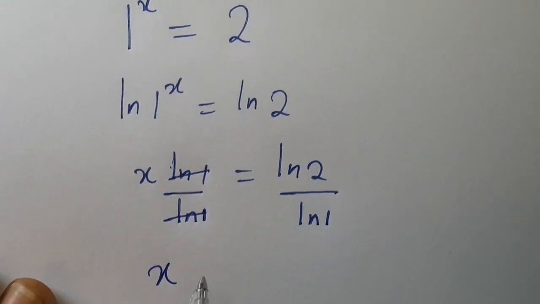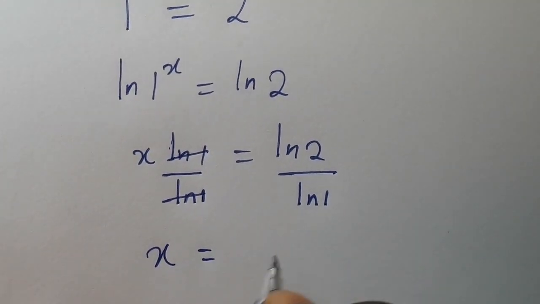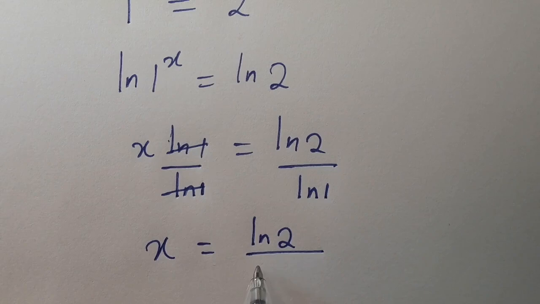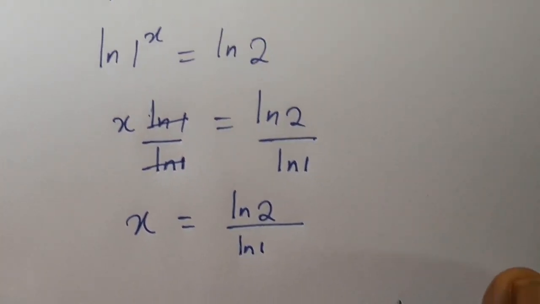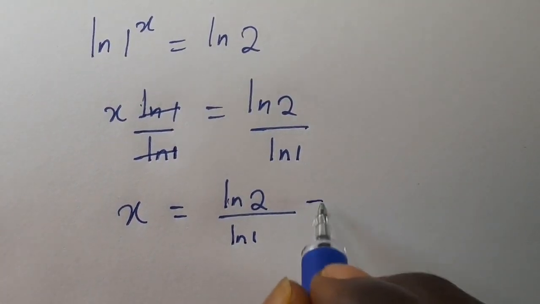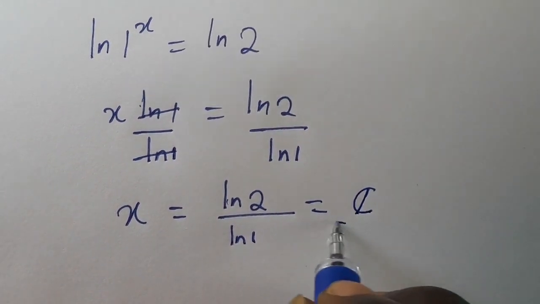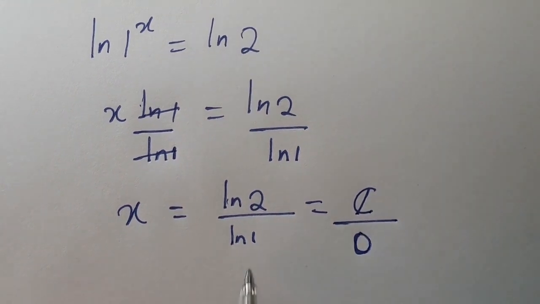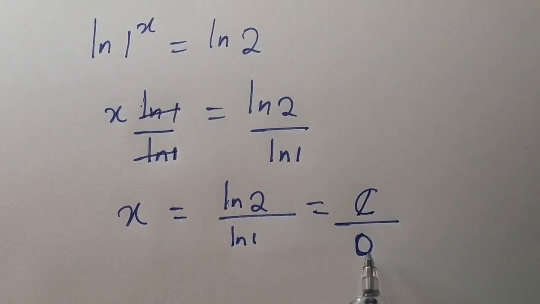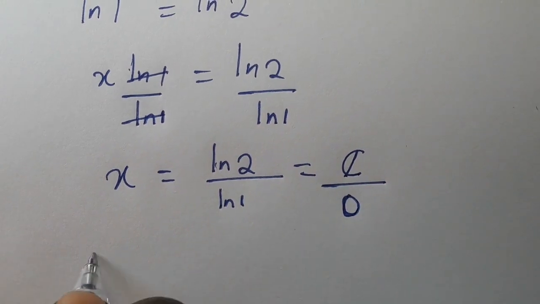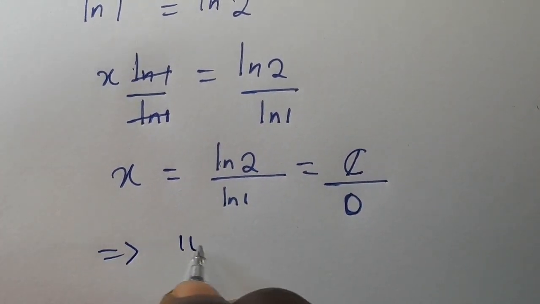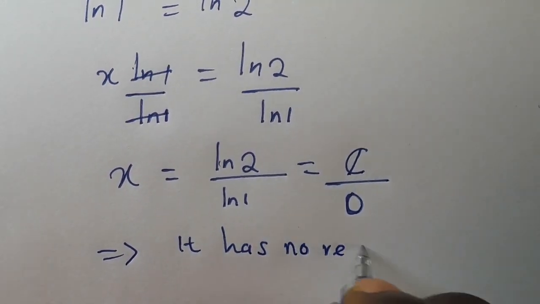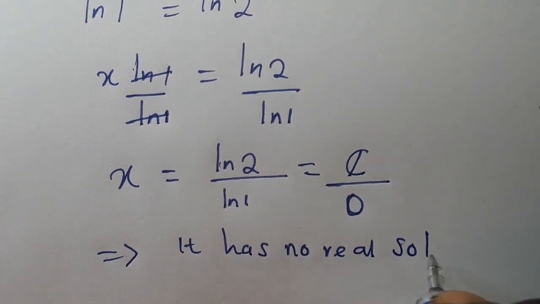So we have x equals ln of 2 divided by ln of 1. But mind you, ln of 1 is equivalent to 0. Because the natural log of 1 is equal to 0, this implies that it has no real solution.